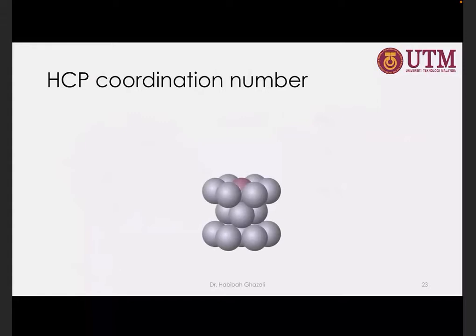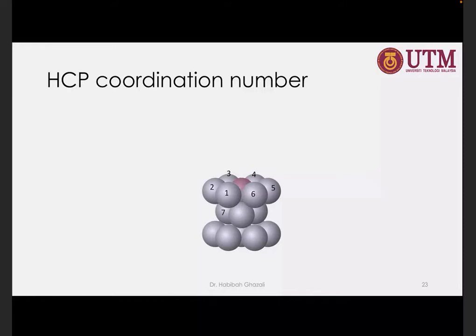So the coordination number of one single atom: 1, 2, 3, 4, 5, 6. Okay, they are attached. That means every one single atom is surrounded by or touching these atoms. So we call it coordination number.